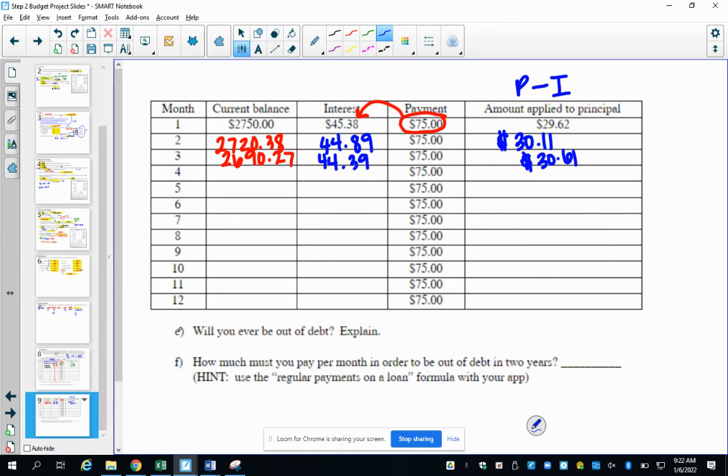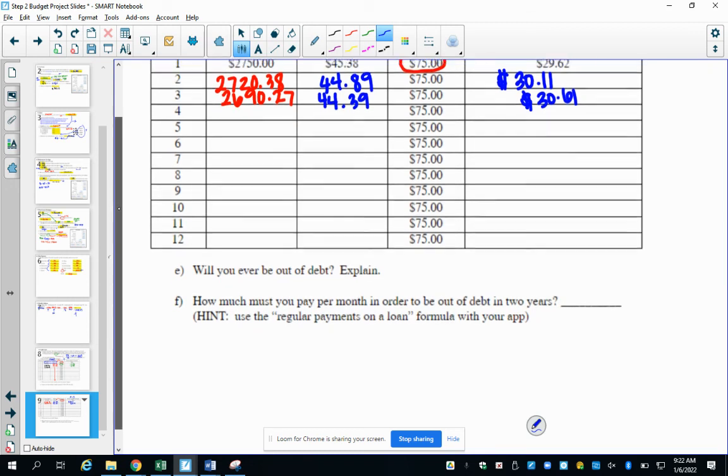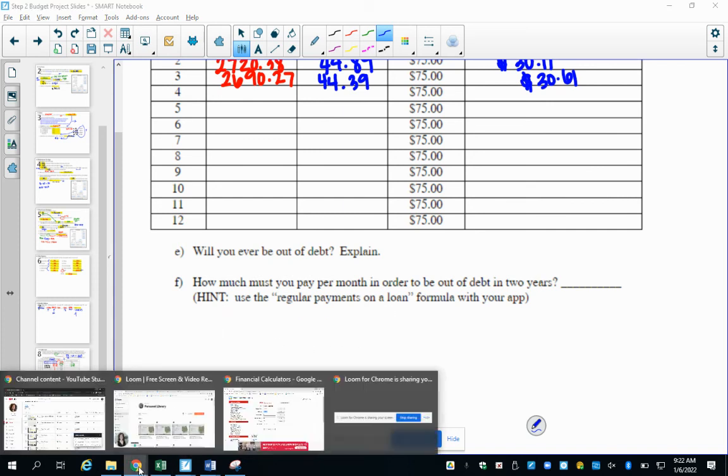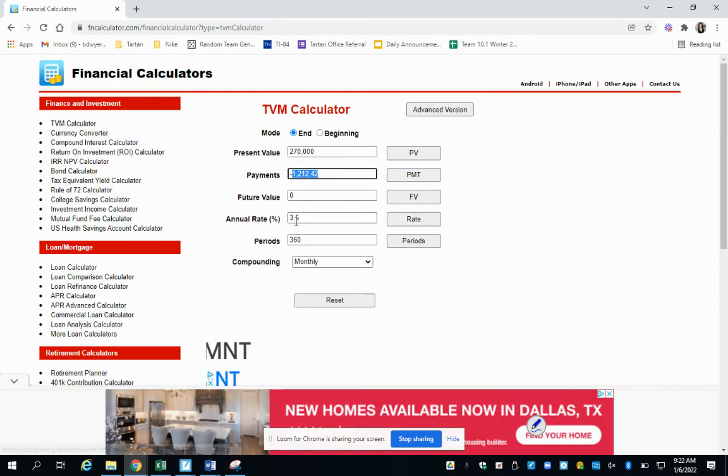So will you be out of debt? Yes, because you're making headway. It's going to take a really long time because you're not doing much over the interest. So when you get to part F here, how much would you need to pay per month in order to be out of debt? You need to use your calculator, that easy calculator. You will put in the $2,750.76 here.